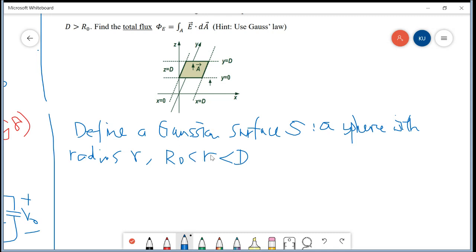Which means that the surface is inside the space where E is larger than 0, and this surface is centered at the origin, which means 0, 0, 0.